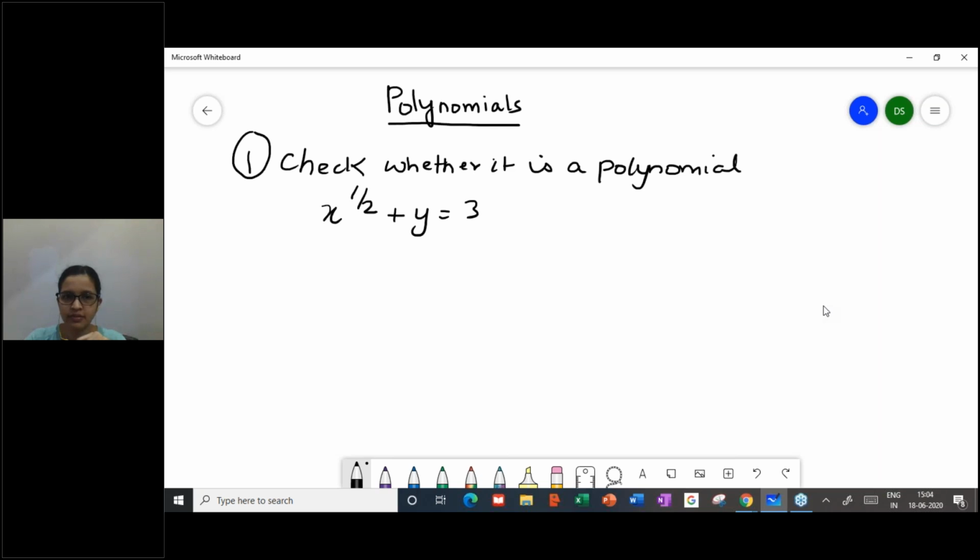Yes or no? No. Why no? Ma'am, because it doesn't have any expression. Huh? Expression as in? Ma'am, I think it is a polynomial. Okay, so you're confused now. How many of you are going to say that this is a polynomial?